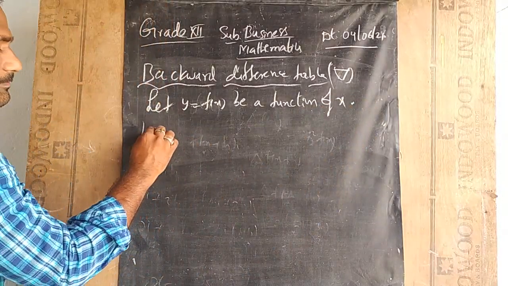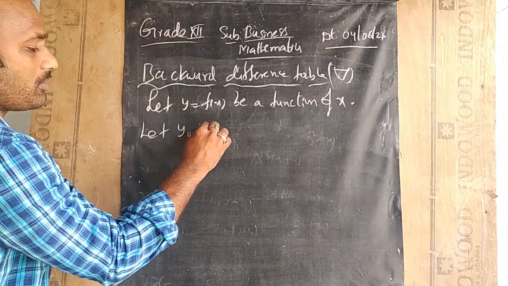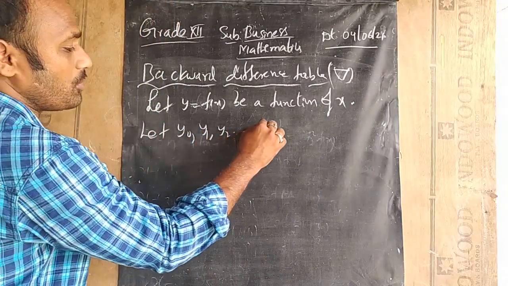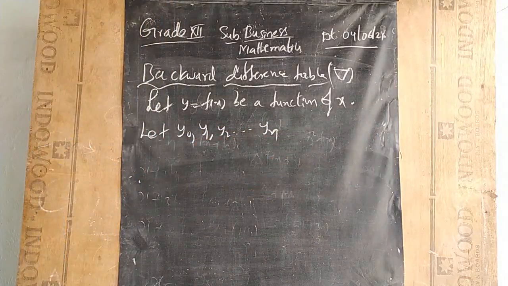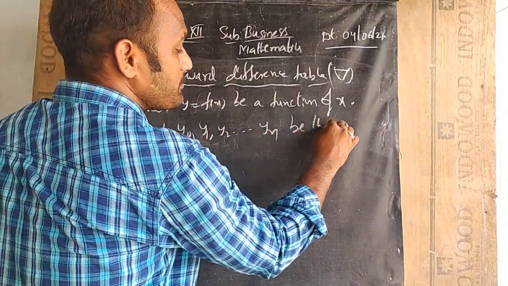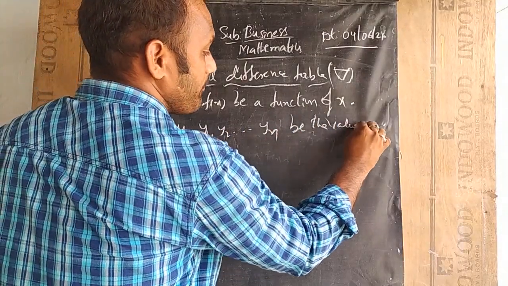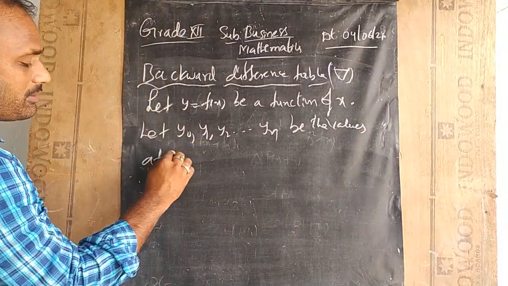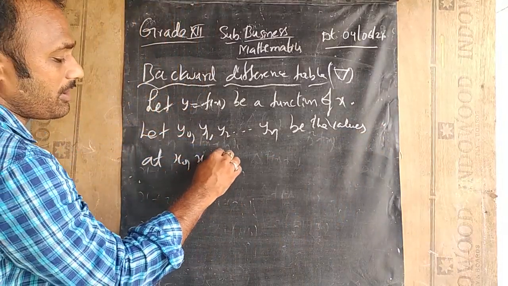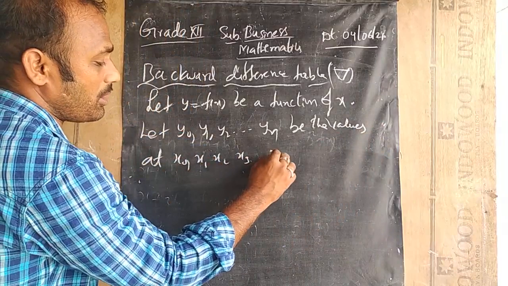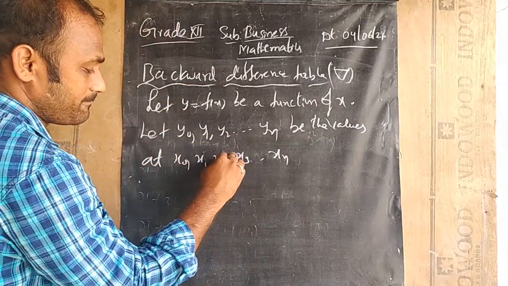Let y naught, y1, y2, and so on, yn be the values at x0, x1, x2, x3, and so on, xn.